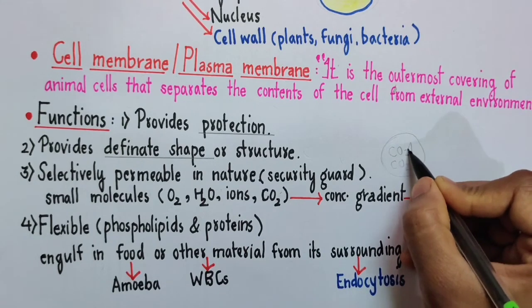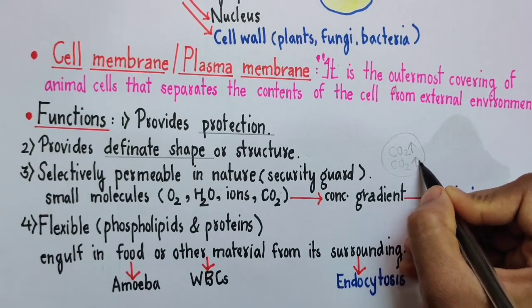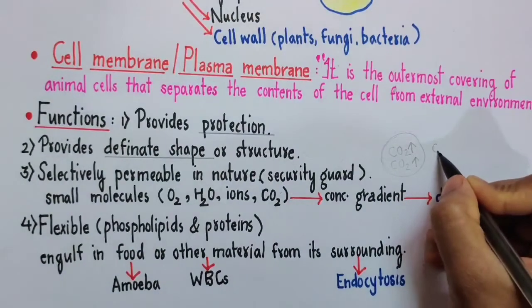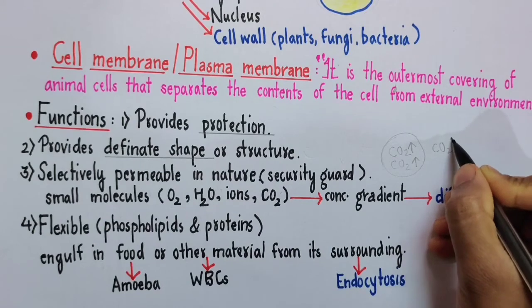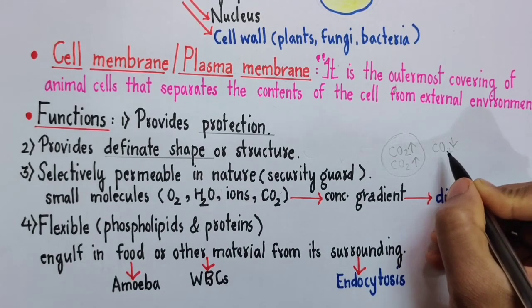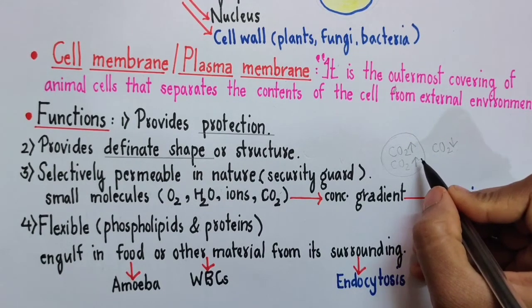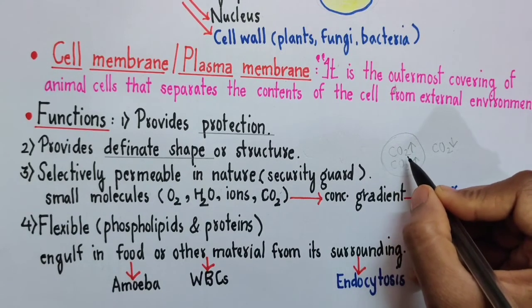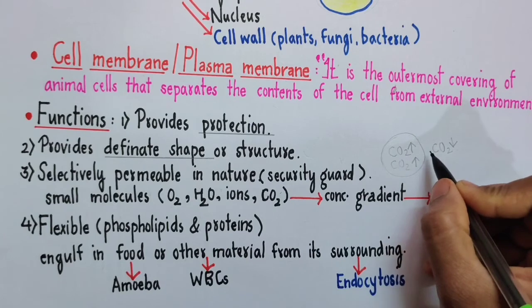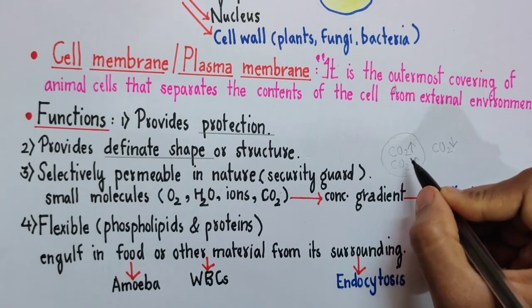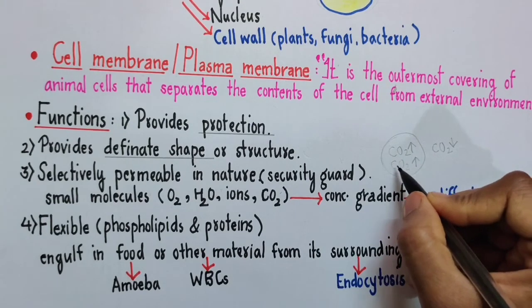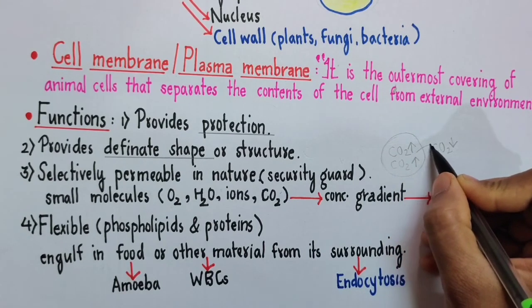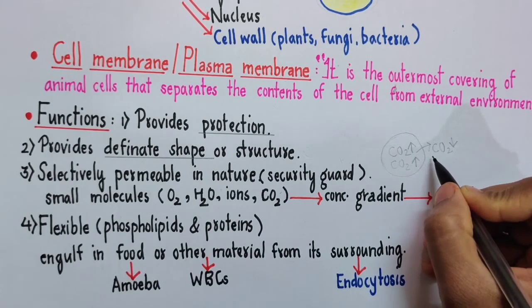So as a result, the concentration of carbon dioxide becomes higher than the carbon dioxide concentration present outside the cell. And as a result, by the process of diffusion, these carbon dioxide molecules move along the concentration gradient. So in this case, the carbon dioxide is going to move from inside to outside, right?